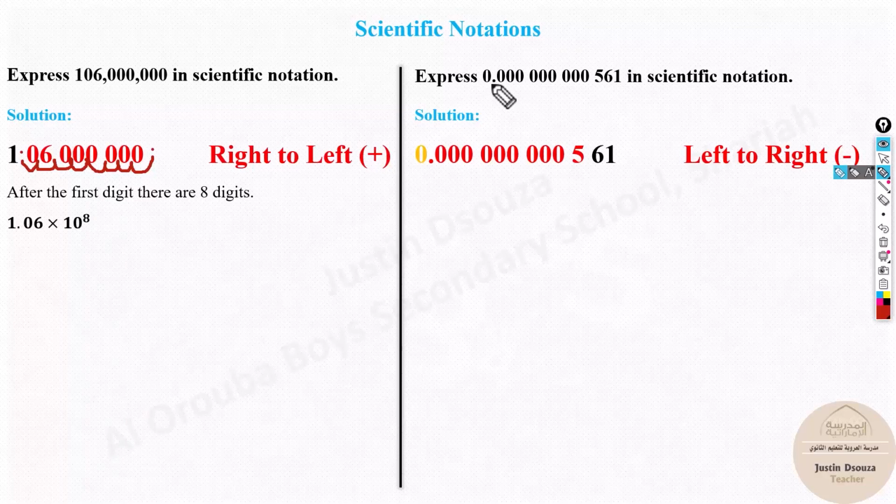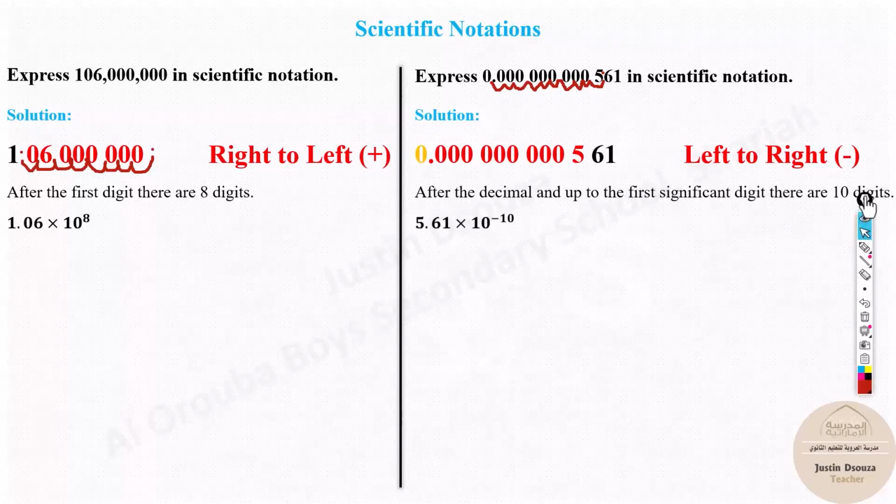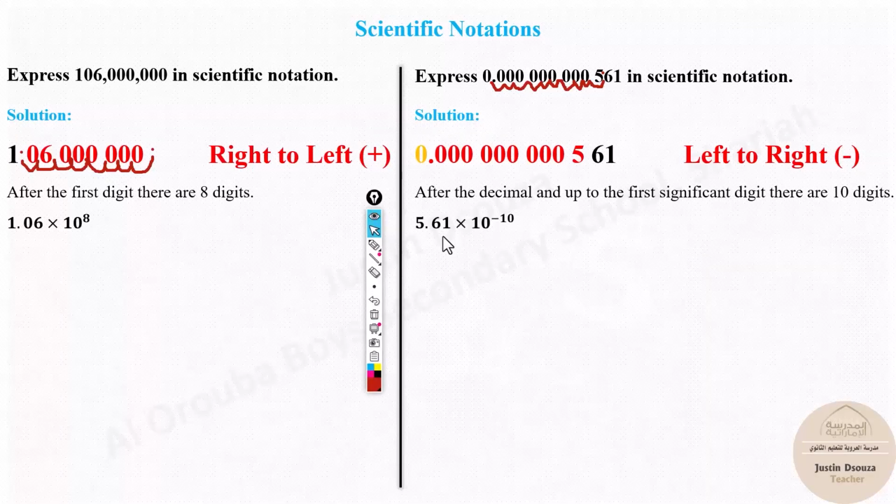Whereas now you're moving from left to right. So let's count. It's 1, 2, 3, 4, 5, 6, 7, 8, 9, and 10. So you're bringing the decimal point over here. It'll be 5.61. So it's 5.61 times 10 to the power 10. We are moving the decimal by 10 digits.